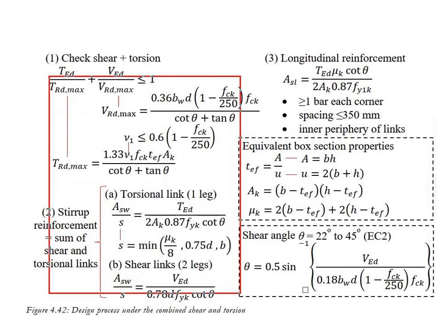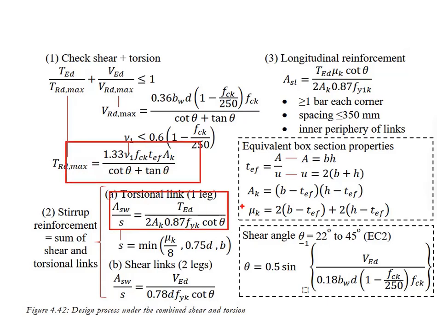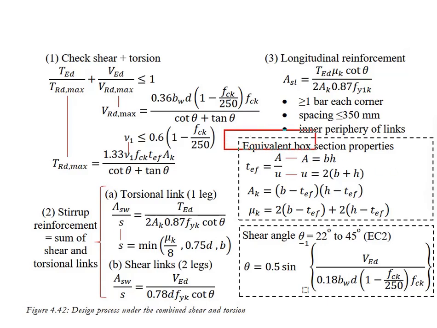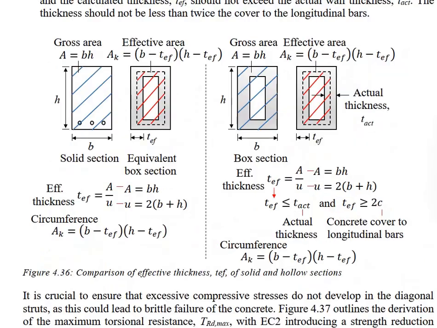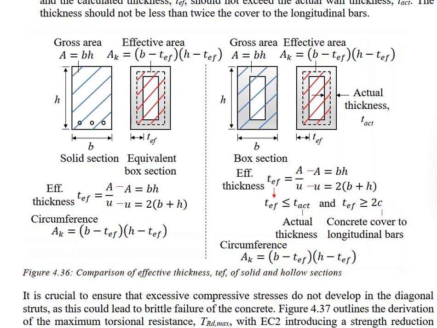Now, if you see the calculation step here, especially the torsional part, it is calculated on the basis of the geometrical property of the equivalent box section. Previously, we mentioned two possible cases for the equivalent box section.